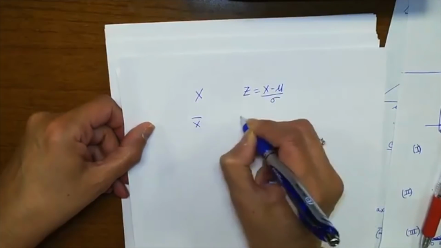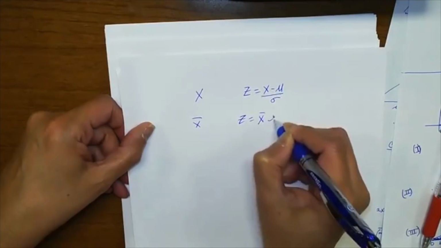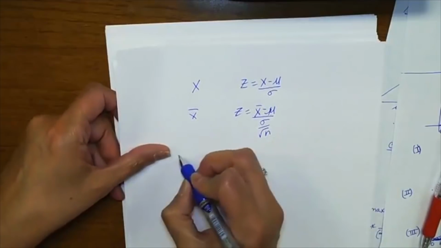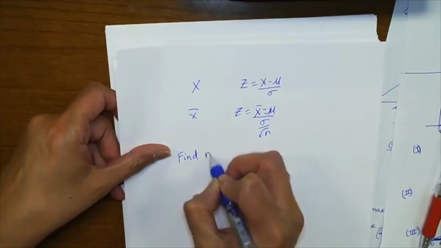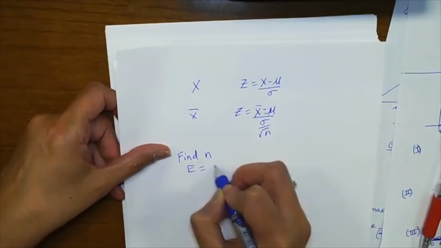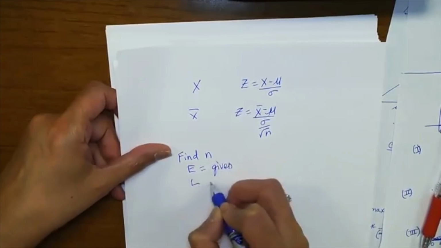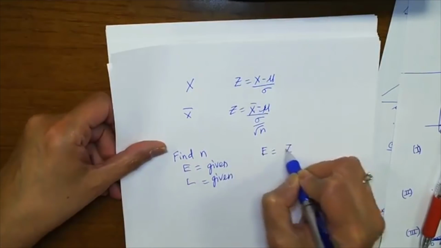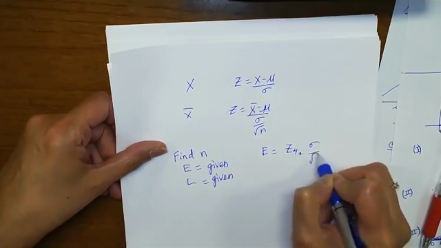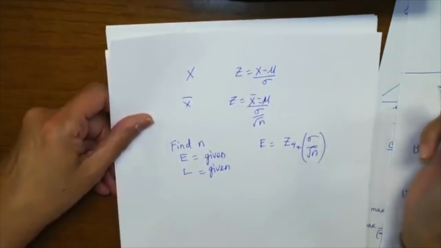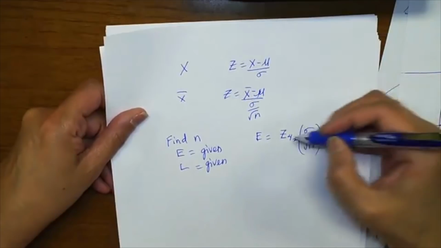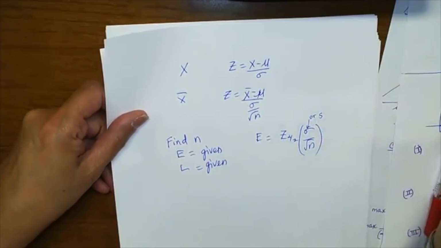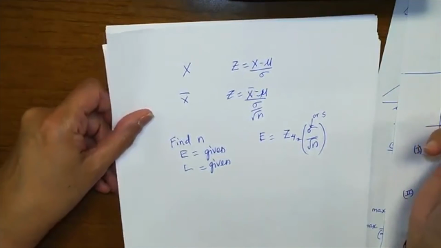If it's x bar, you use z equals x bar minus mu over sigma over rad n. And if it's find n where E is given or L is given, then you go E equals Z alpha over 2 sigma over rad n. It's always Z, and this could be sigma or S.